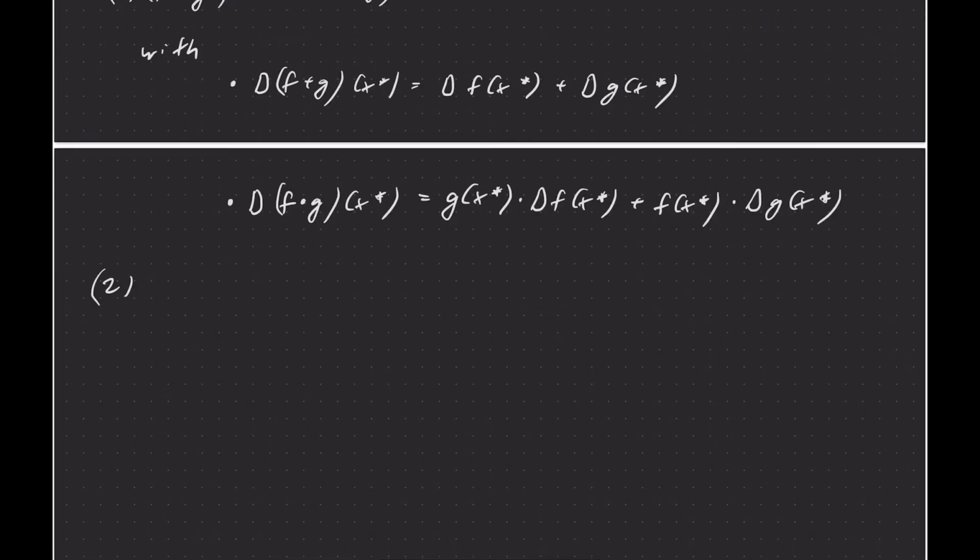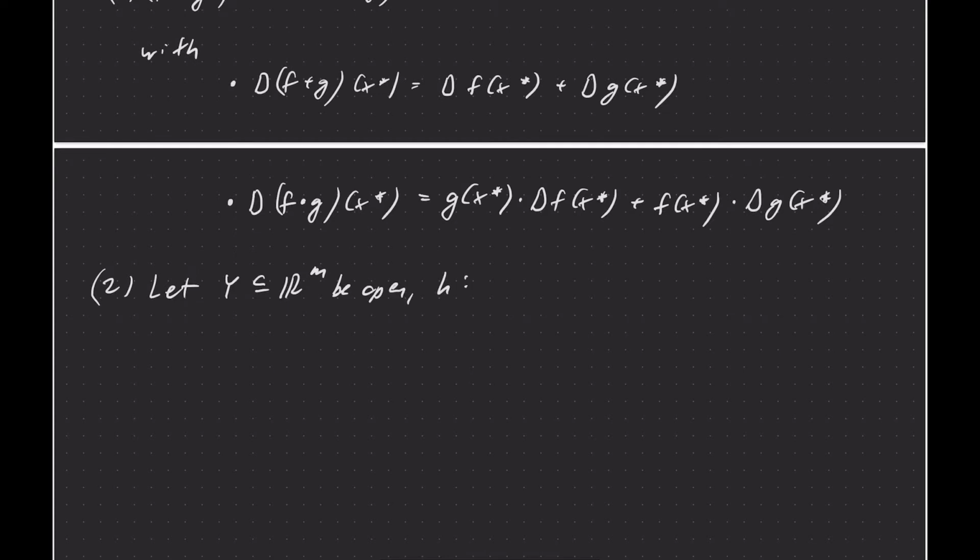And now for the chain rule, we'll introduce a new function. So what we want to do is we want to have the function f as the outer function, and we have a new function as the inner function. So that needs to map to x, to the domain x. So that needs to be a vector valued function. And let's say we have some new domain y, that be a subset of R^m, be open.